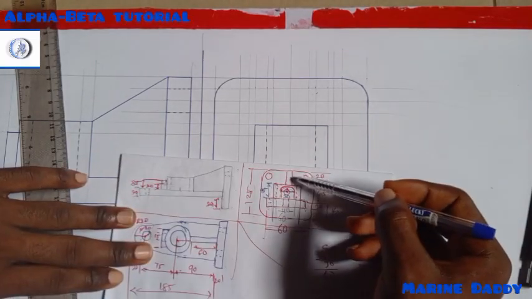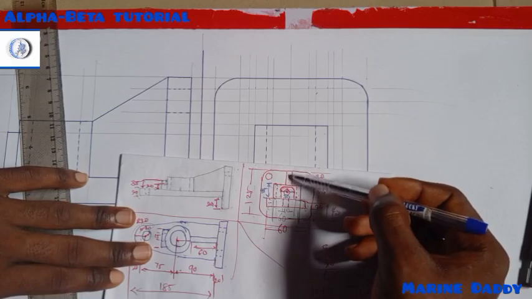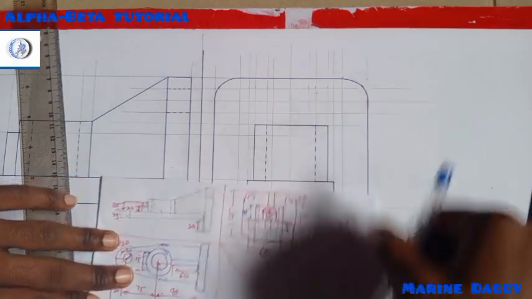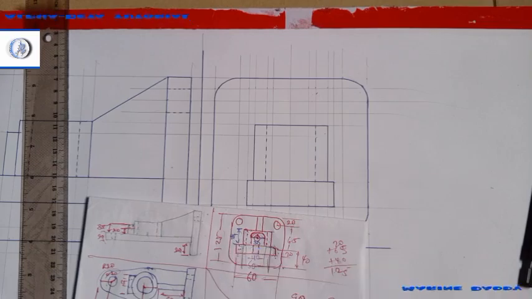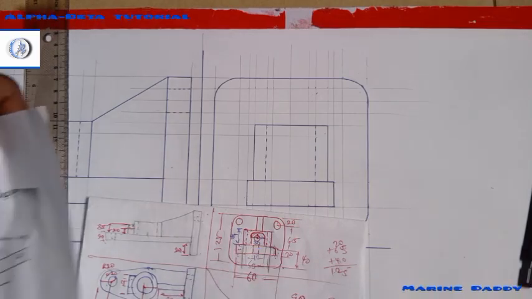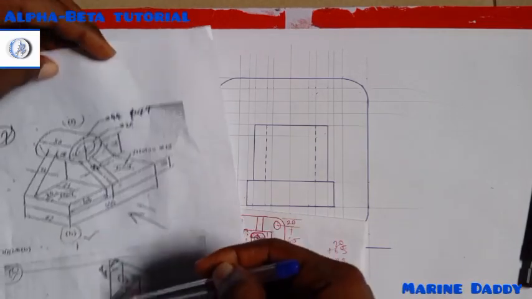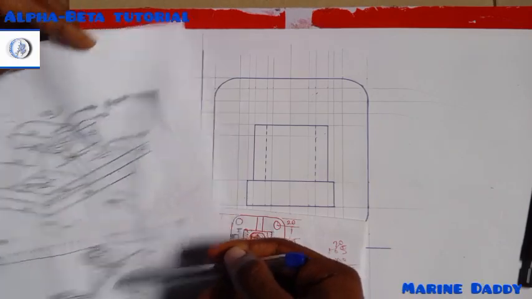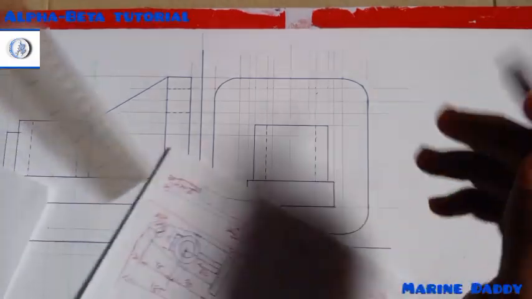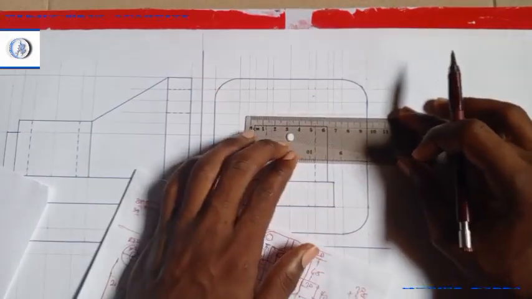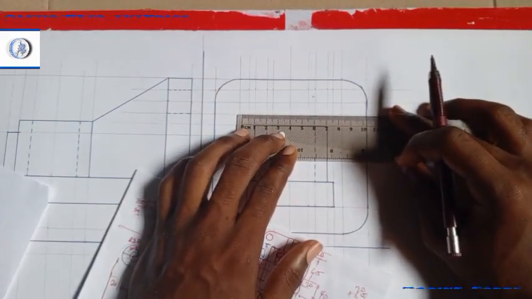From this same diagram, I can see something like this at this side, right? And they say the size is how many? The size is given to us as 10. That's 10 millimeter, still from the center, 10 millimeter.